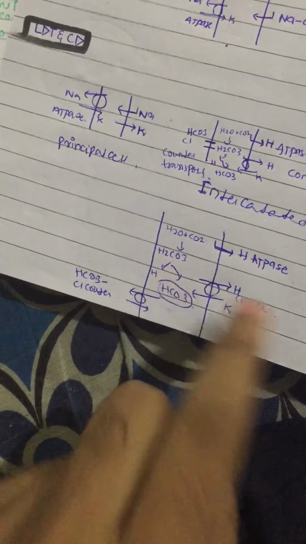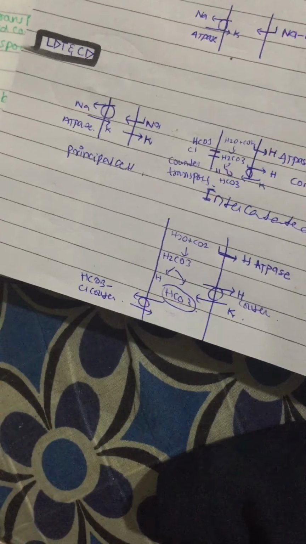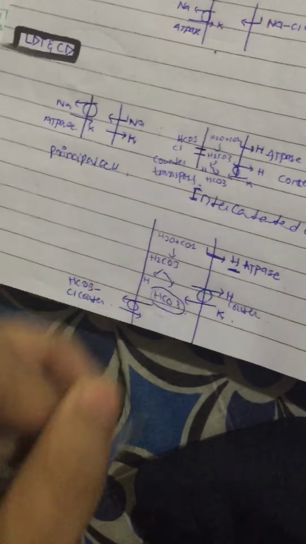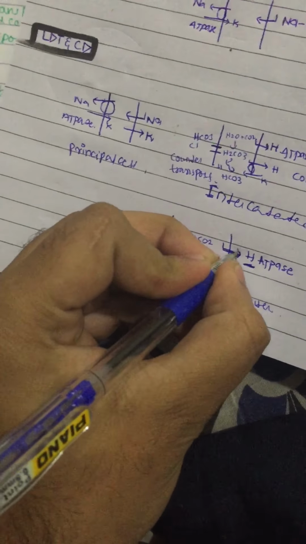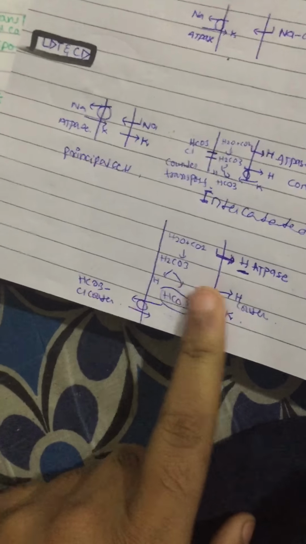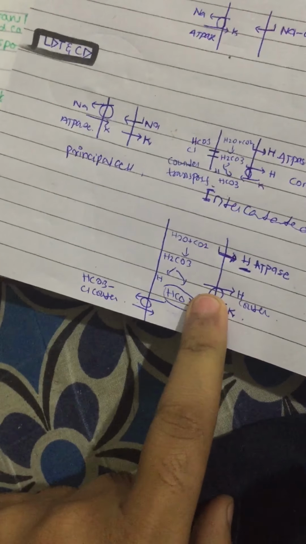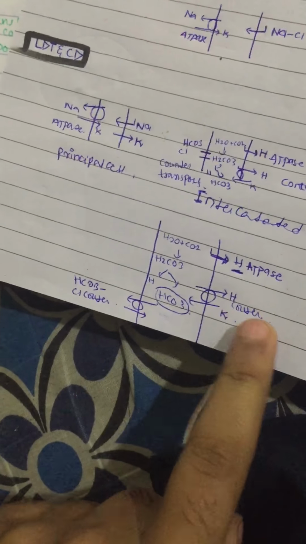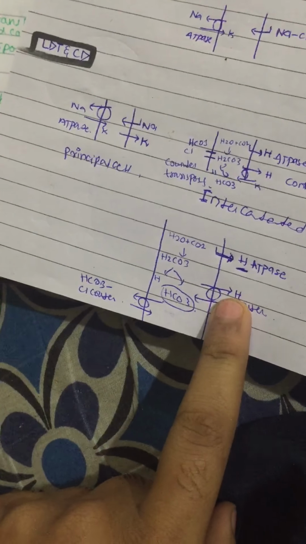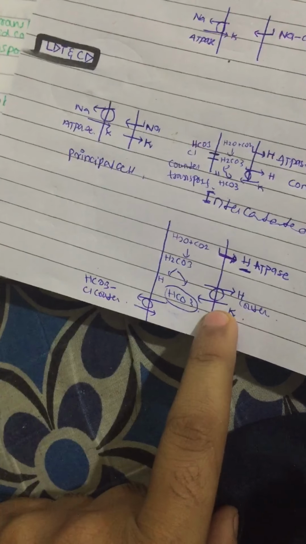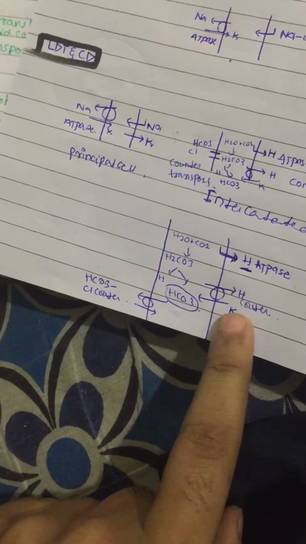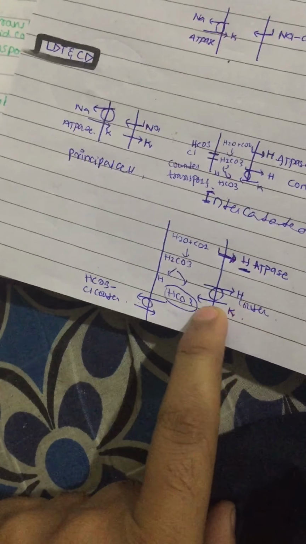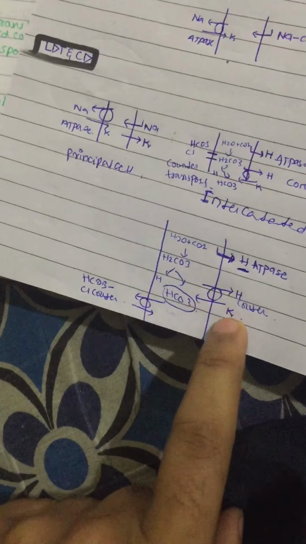So what's going to happen is the hydrogen is going to be excreted through two types of channels. The first channel is hydrogen ATPase, which is going to secrete the hydrogen, and second we're going to have the hydrogen potassium counter transporter, which is going to secrete hydrogen and reabsorb the potassium.